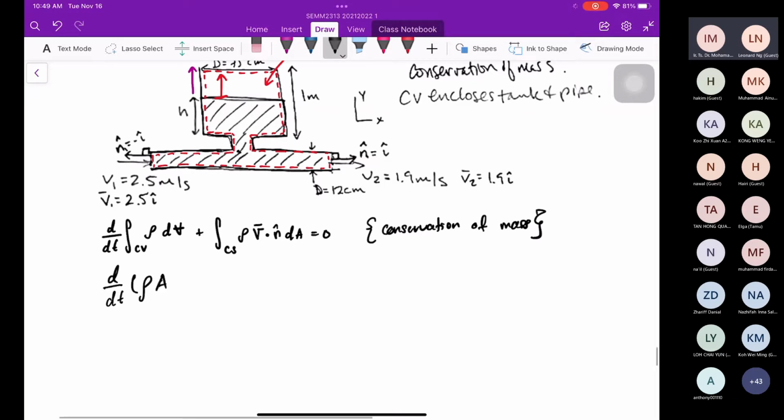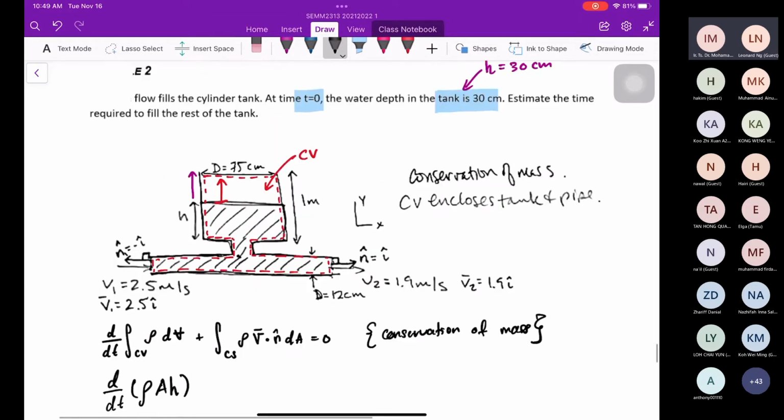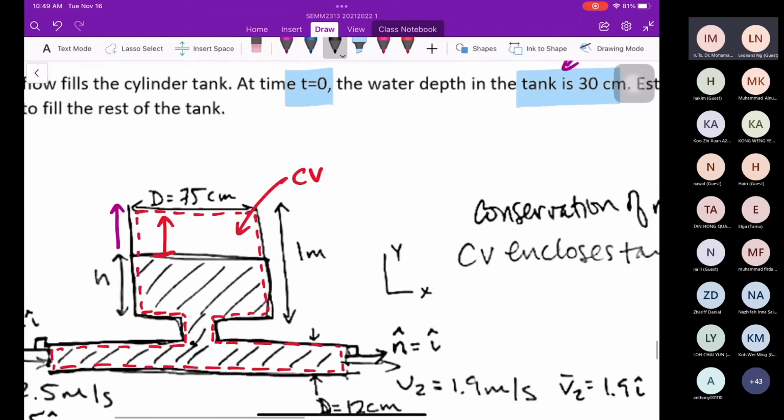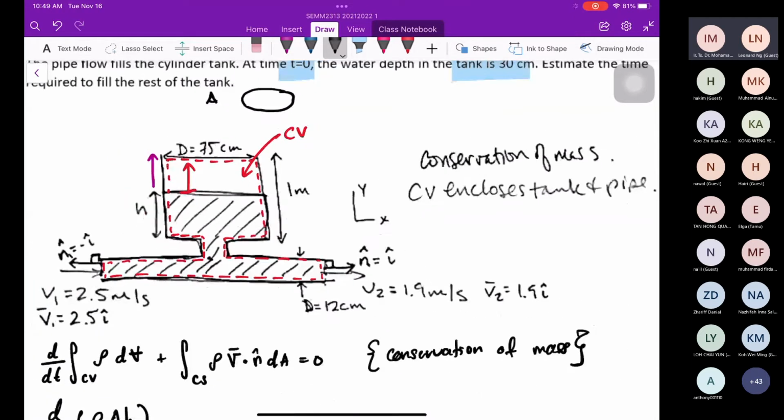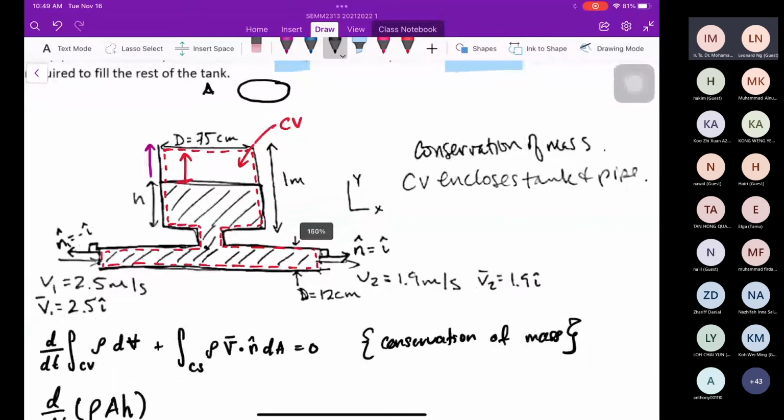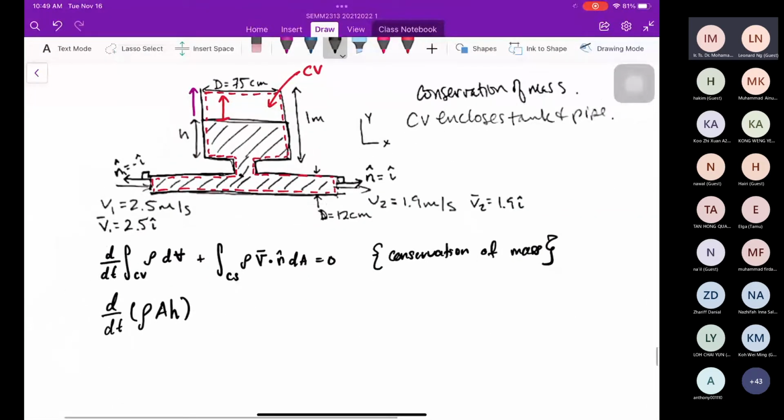Multiply with area, multiply with height. The area will be circular shape, multiplied with the height. This is the volume.